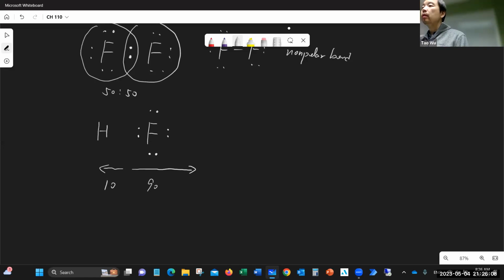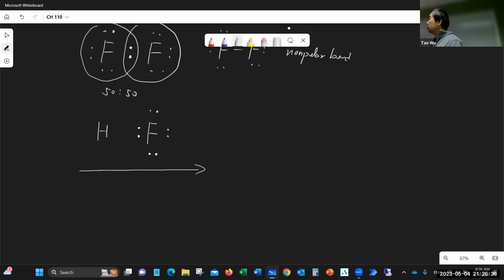So in this case, you will see a trend. The electrons are moving to the fluorine side. Fluorine shares more of this. One of the dots belongs to fluorine itself, but there's another dot that has moved close to fluorine.